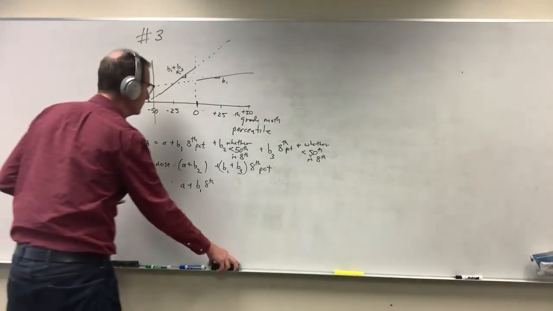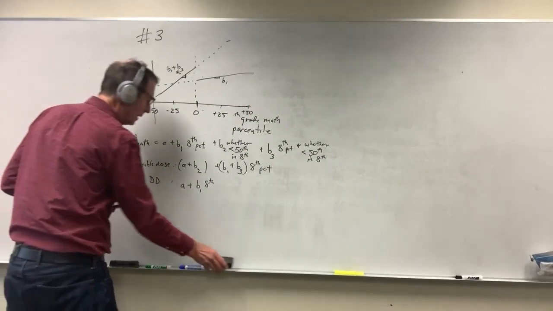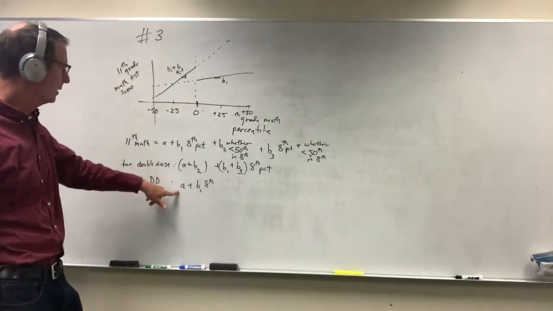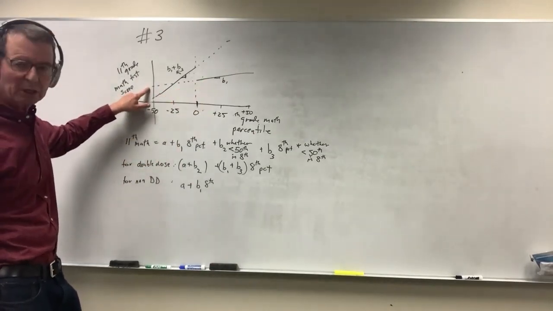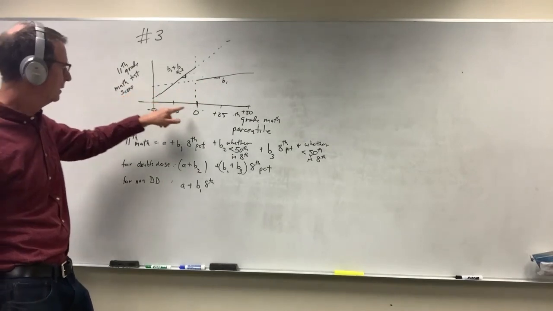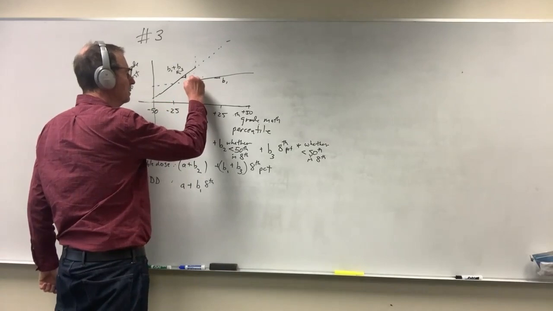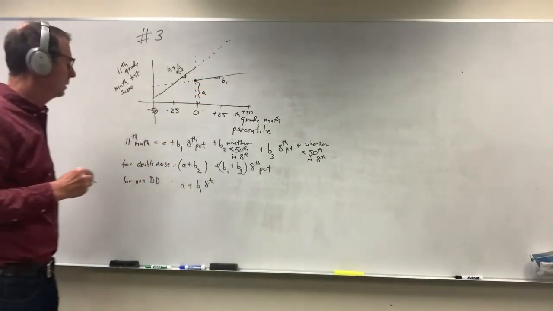So instead of the A constant for the non-double dosers being way back here, a projection back to the 0 percentile, it's right at the discontinuity, right? So A is this amount.